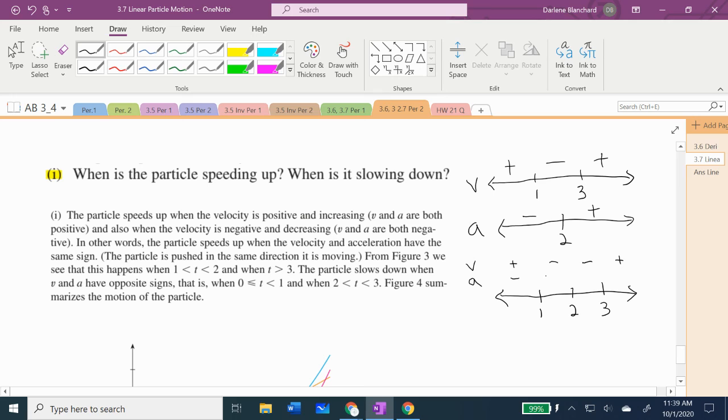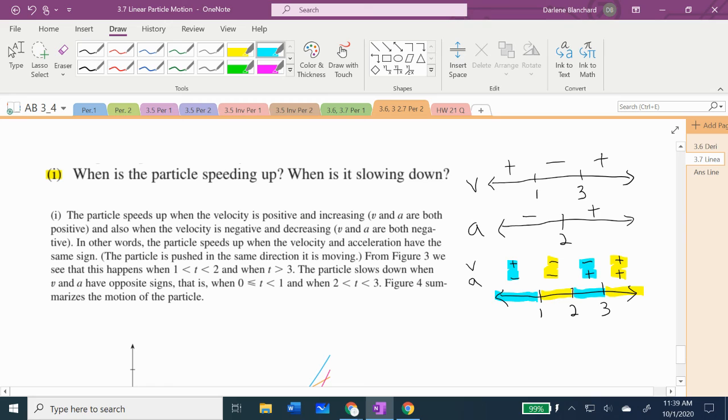Acceleration is negative before I hit 2, positive after I hit 2. And now I am speeding up when the signs are the same. I am slowing down when the signs of velocity and acceleration are opposite.